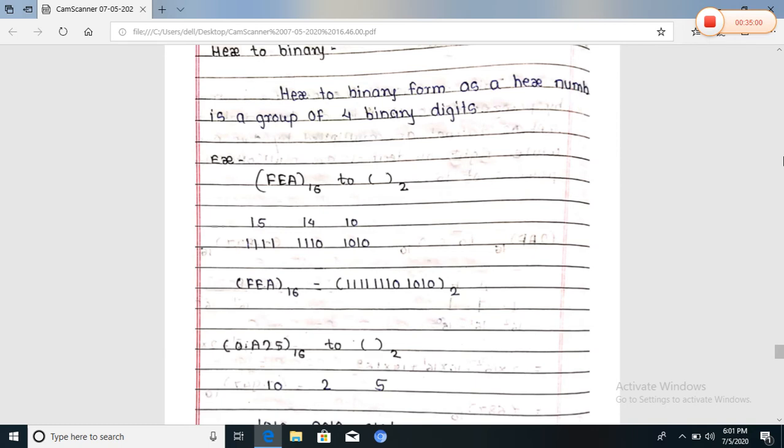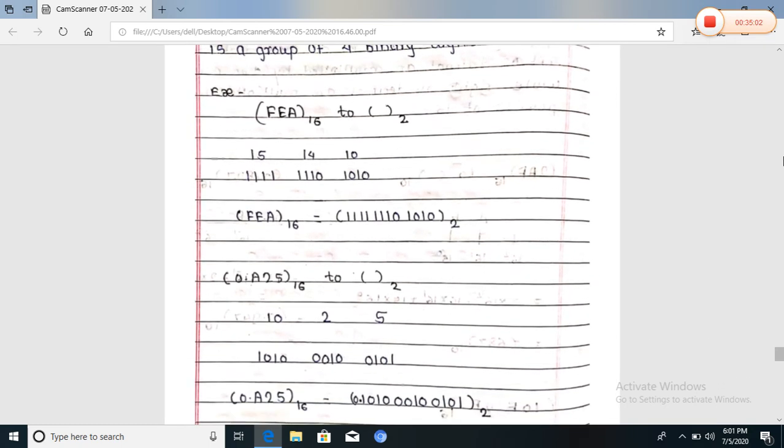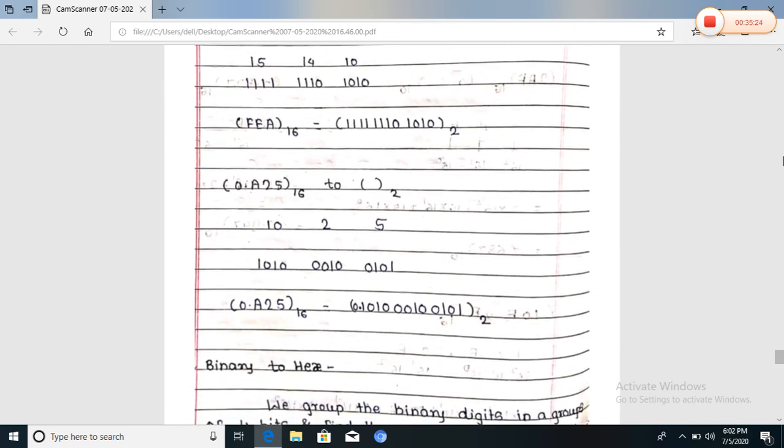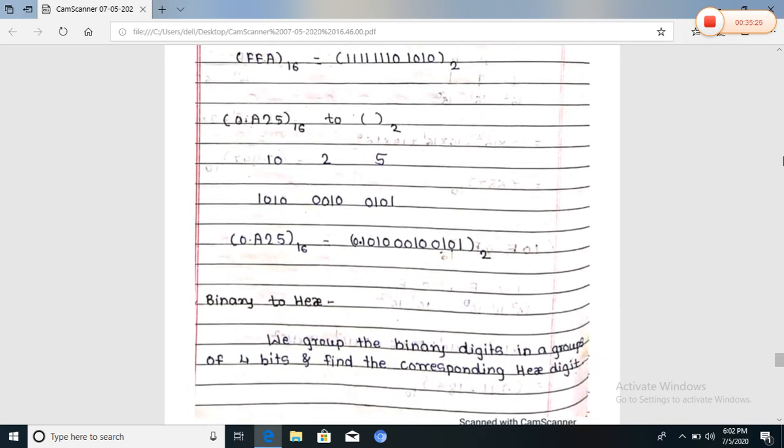Second example, A is 10 and 5. For 10, the binary number is 1010, and 5 is represented as 0101, and grouping all these numbers gives 4 digits each. In octal, that is represented in only 3 digits.